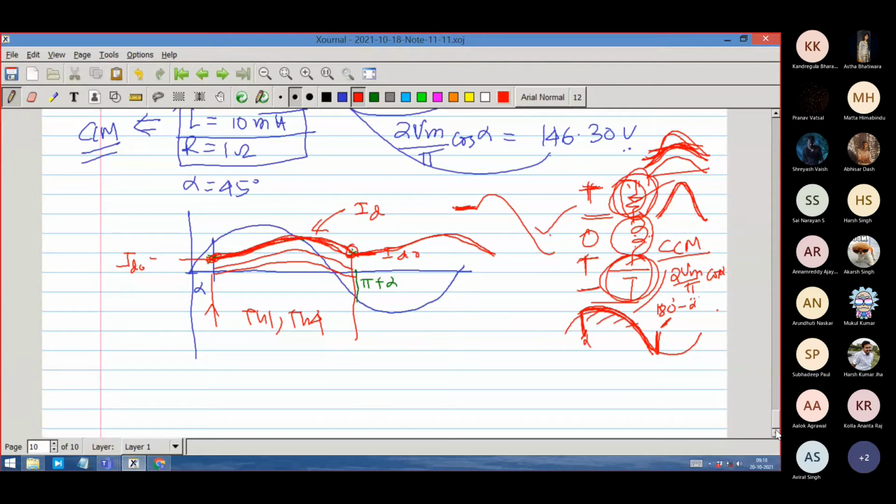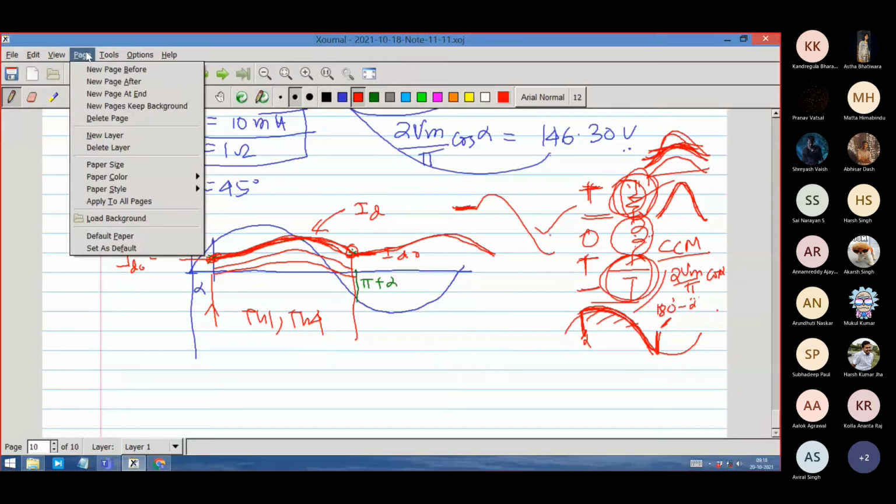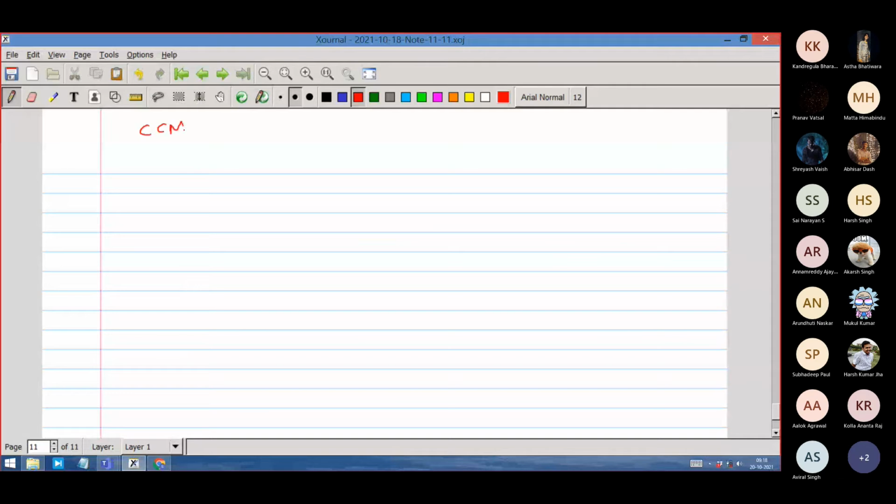So you will write the CCM equation. Initial current is ID naught. That current must be equal to Vm by Z sine of alpha. It must be alpha; alpha dash is not possible.